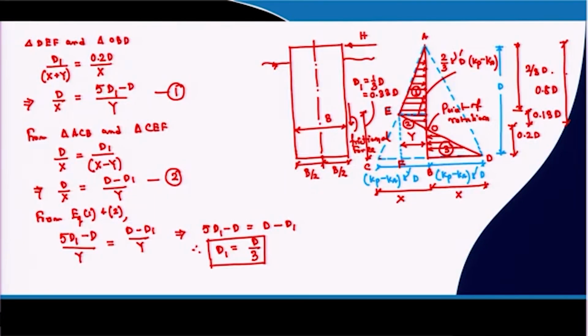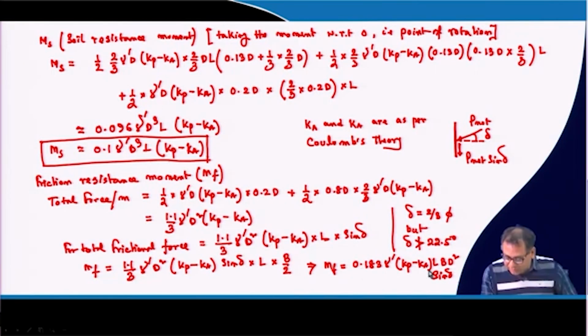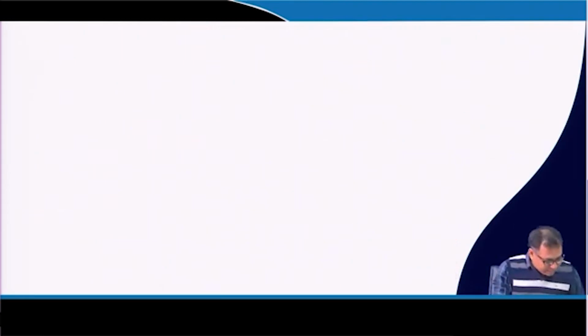So, here the equation of MF is 0.183 gamma dash, because this is 1.1 divided by 3, then also divided by 2. So finally, MF is roughly 0.183 gamma dash (Kp minus Ka) L B d square sin delta.